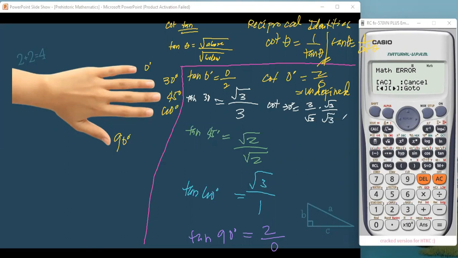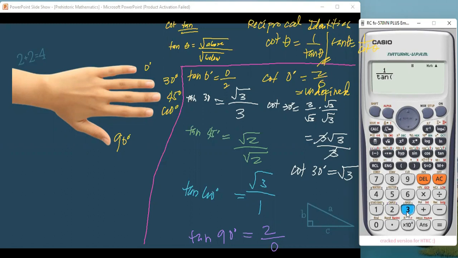So 3 times the square root of 3, that will give us 3 the square root of 3. The square root of 3 times the square root of 3, that will give us 3. So since po parehas na may 3 and 3, kay numerator and denominator, that will only give us 1. So cotangent 30 degrees must be equal to the square root of 3. So let's check. So 1 over tangent 30 must be equal to square root of 3.